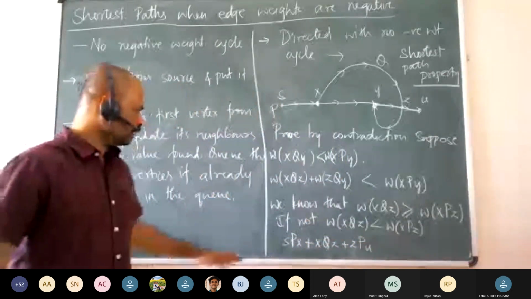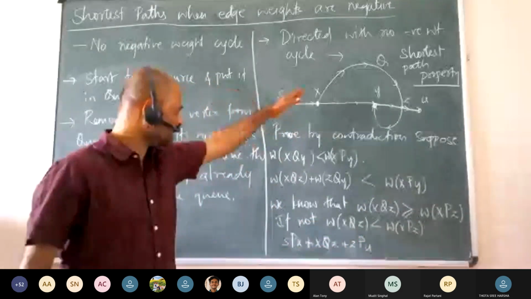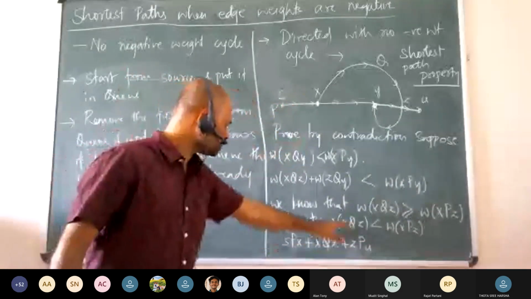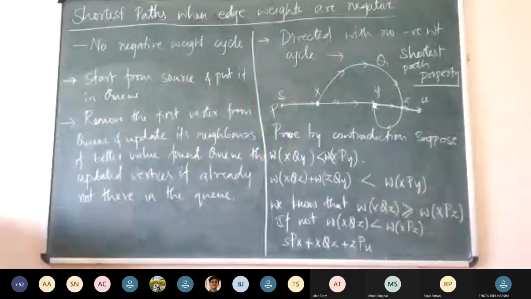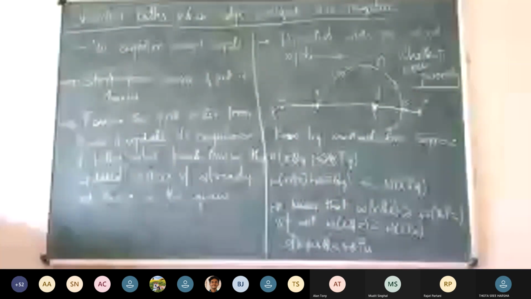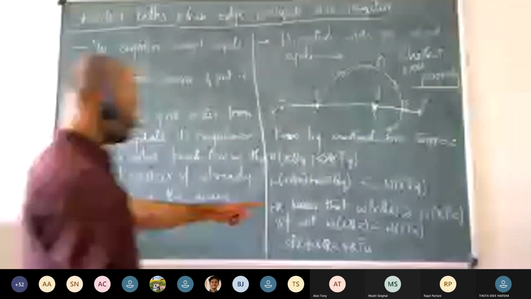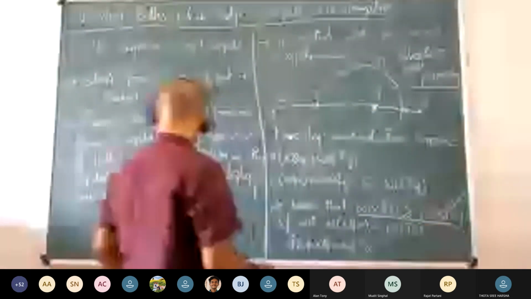This would give you a shorter path because these two components are the same as the earlier path. Here you are substituting something that is smaller, and you will get a smaller path from S to U, which is a contradiction to our assumption that P is a shortest path from S to U. So we can always assume this. This is anyway always true.